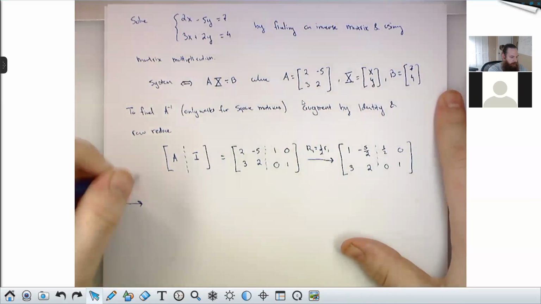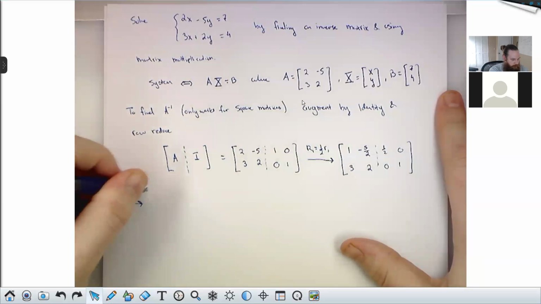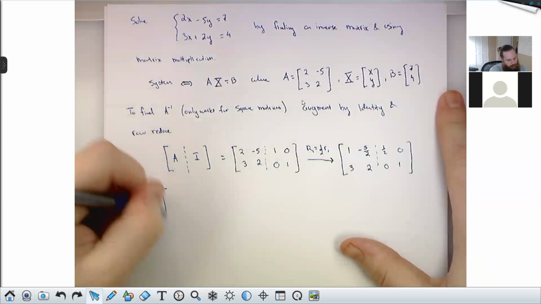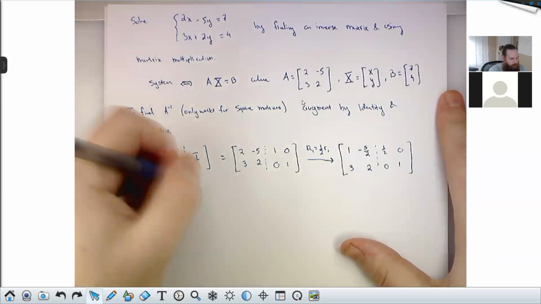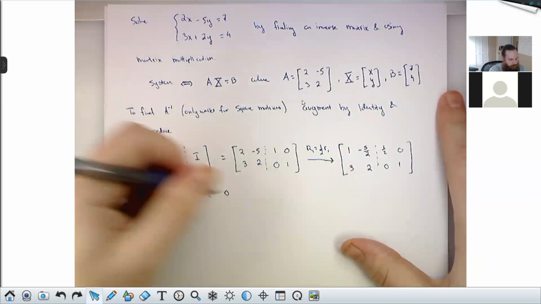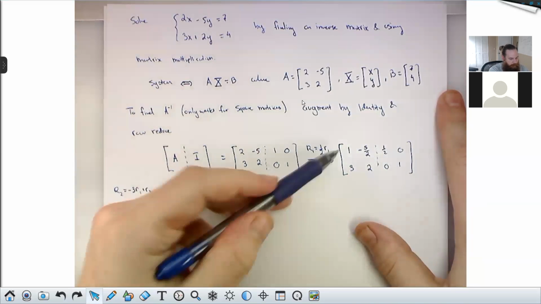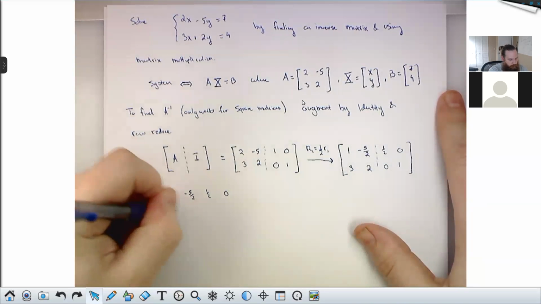Then I need to kill the 3 in this position, so my new row 2 is -3 times old row 1 plus old row 2. Row 1 stays the same, 1, -5/2, 1/2, 0. Multiply this by -3 and add it to this, you'll get 0.